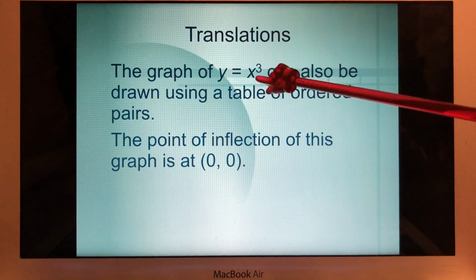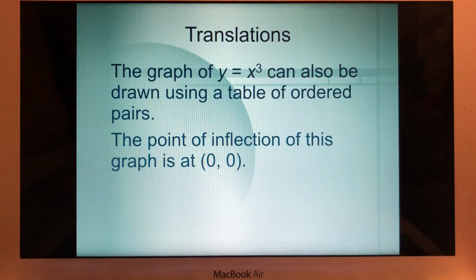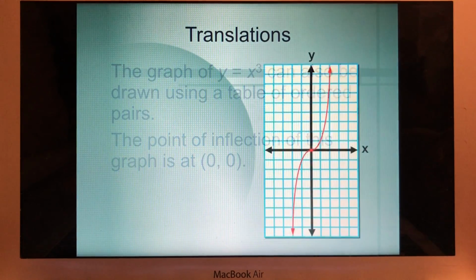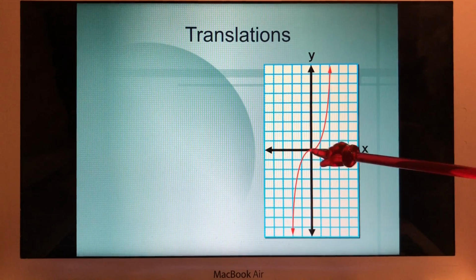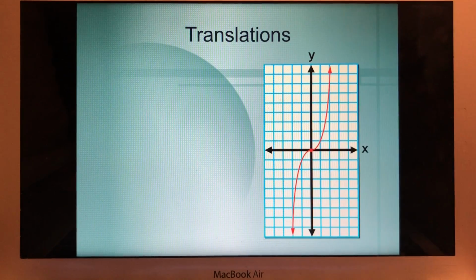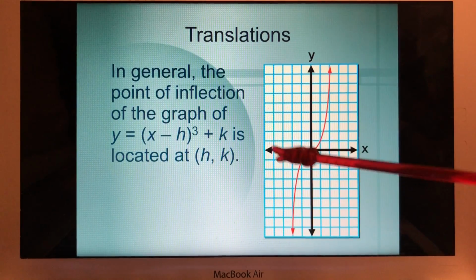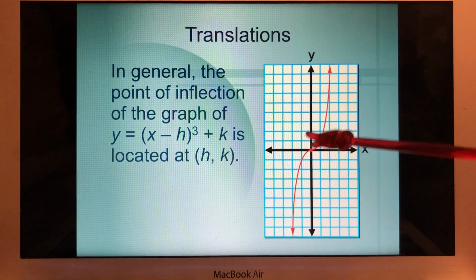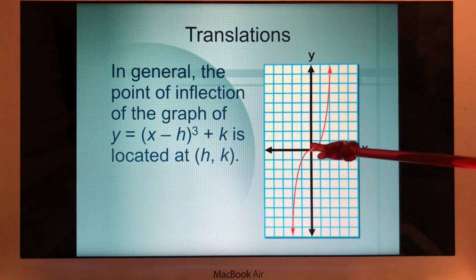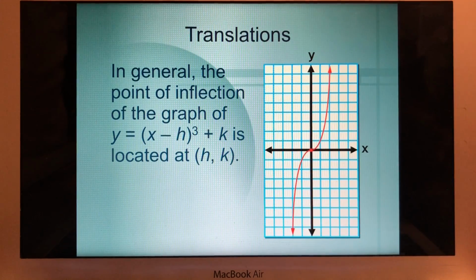If x is 0, then your y is going to be 0, right? So this (0, 0), that's our point of inflection. When it's cubed, okay, this is our general graph of a function cubed. You're going to go up one direction and down on the other side.